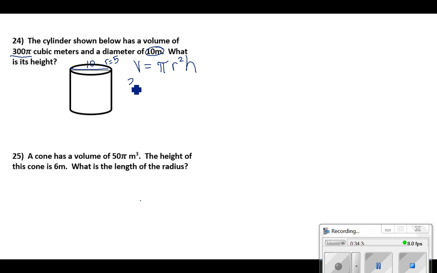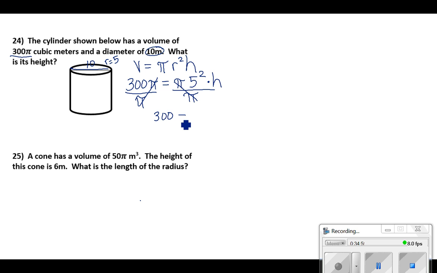So the volume is 300 pi. I'm going to put it in place of volume with V equals, bring down the pi, r is going to be 5, and we're looking for the height. Now we just have an equation to solve. I'm going to start by dividing both sides by pi, because I know they're going to cancel each other out.